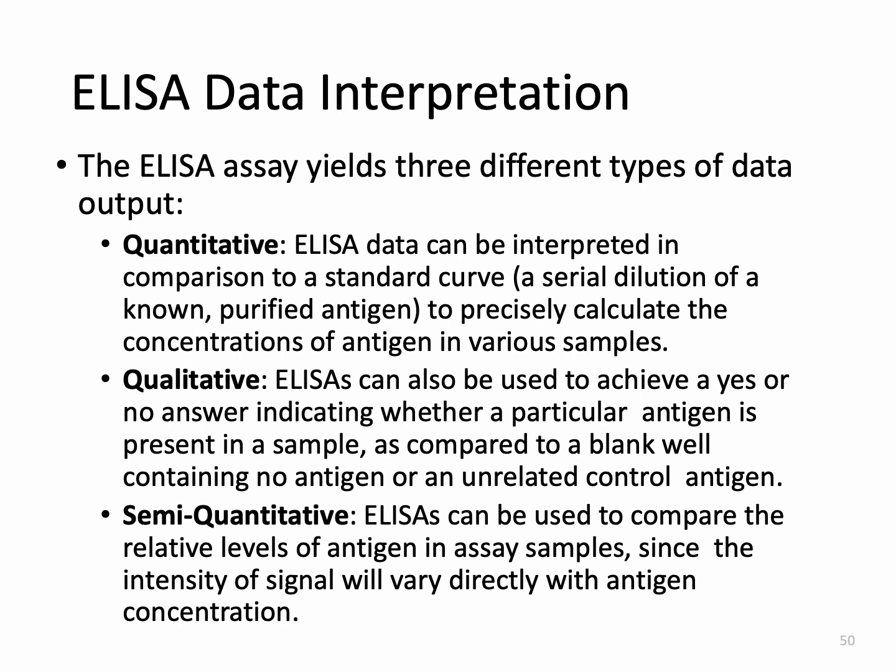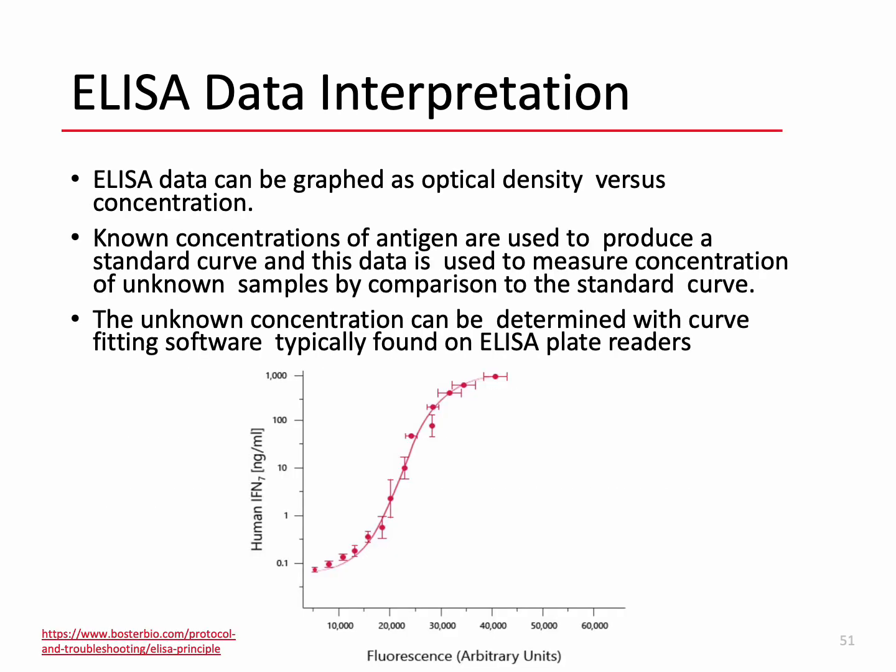So ELISA can be used to compare the relative levels of antigens in assay samples, since the intensity of signal will vary directly with antigen concentration. Now, this is again one way of doing the interpretation of the ELISA. ELISA data can be graphed as optical density versus concentration.